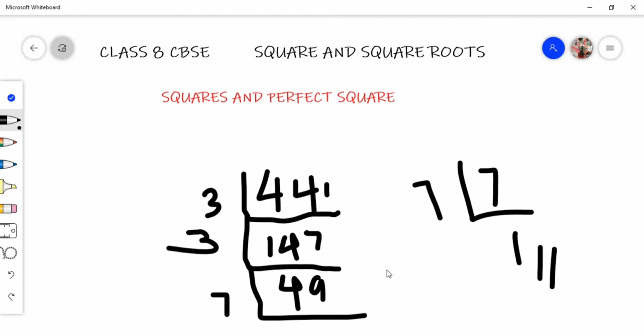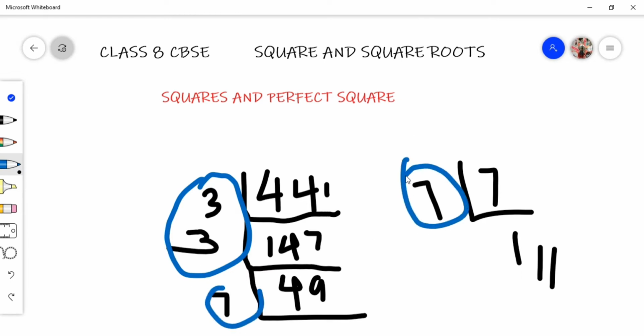So in this concept you get four numbers. Now you should pair the numbers equally, meaning in one group there should be two numbers. You should pair the numbers in groups of 2. Here we got 3 and 3, and 7 and 7.